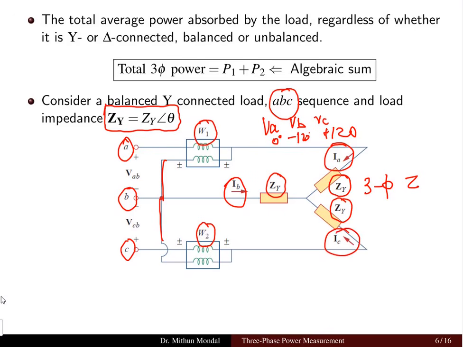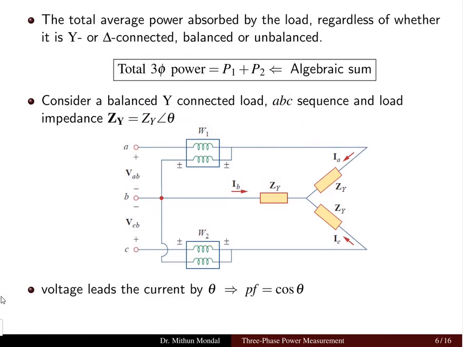Using these currents and voltages, the line voltages are VAB and VCB, measured between A and B and between C and B. The voltage is leading the current by theta. The impedance we are taking is at plus theta, which means the voltage is leading the current by theta and the power factor is cos theta. So the power factor can also be measured using the 2-wattmeter method.